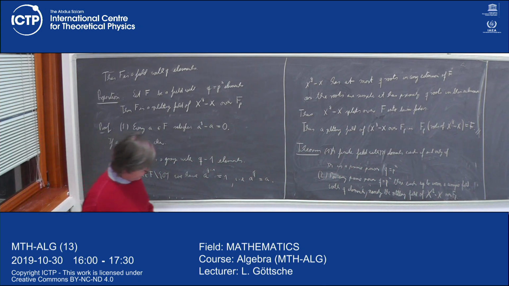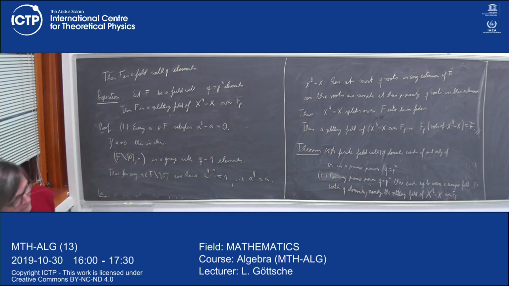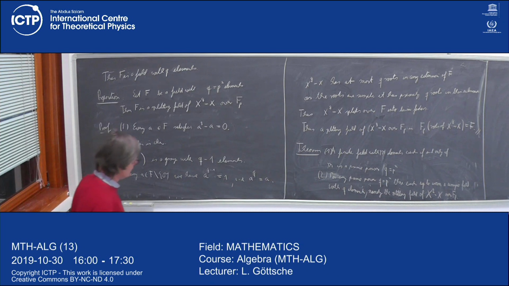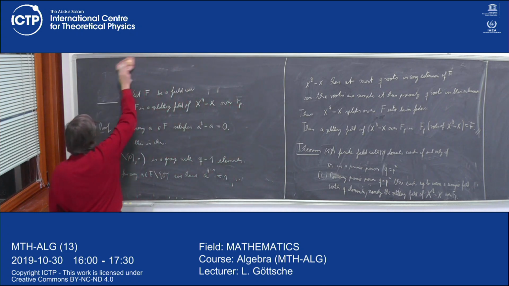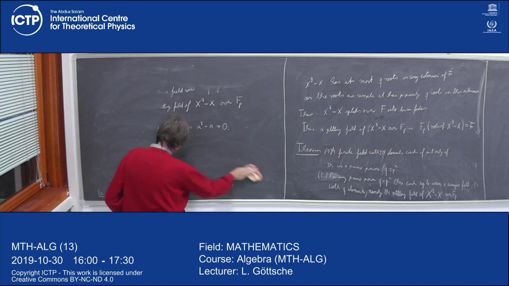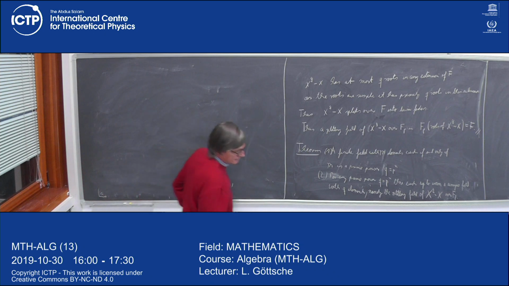Okay, so that was that. So you see that finite fields are in some sense easy to understand. We have completely classified them, and that was not such a big effort. Now, obviously, we were mostly interested in fields which are not finite, and now we want to continue with our mainstream and study other field extensions.